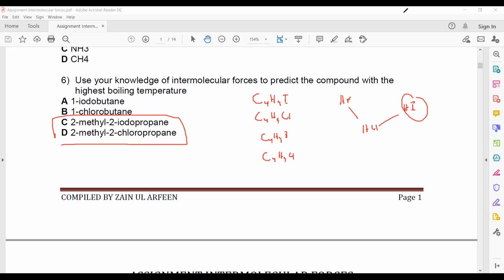So which one will have the higher boiling point? A, iodobutane, will have a higher boiling point than chlorobutane. Why? Because iodine contains more electrons, so it will have a higher dipole induced dipole force. Is it clear?